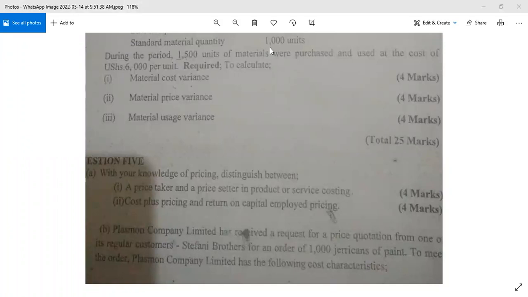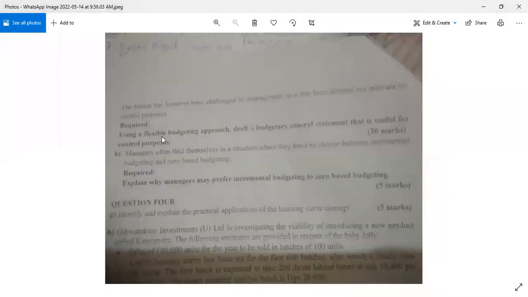Okay, this is the required bit. They say that required, using a flexible budgeting approach, draft a budgetary control statement that is useful for control purposes. Okay, so we can now go and look at the question.